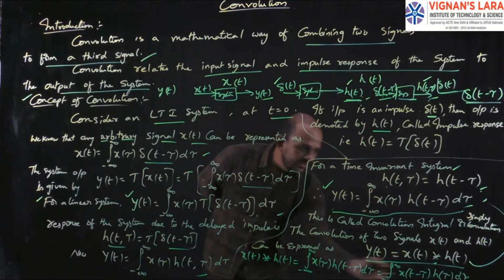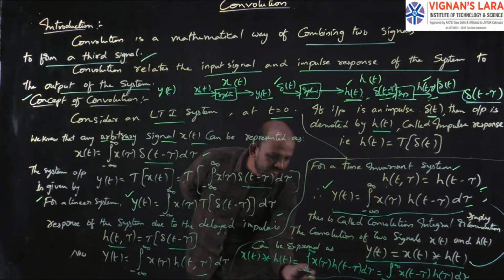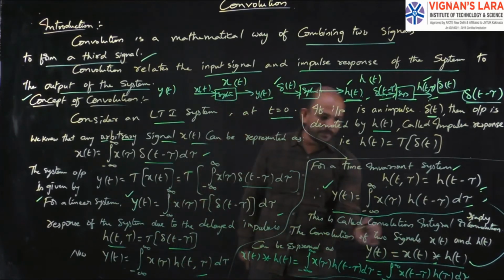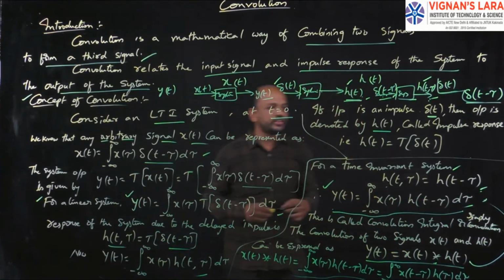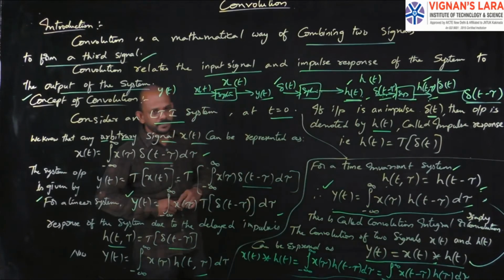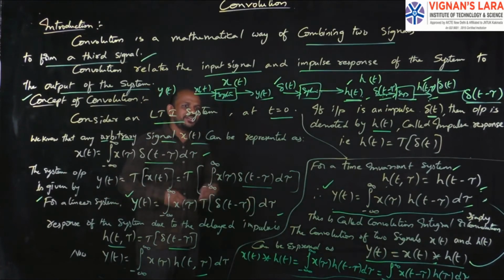Okay, we can use any one of these two. Generally we will represent it as integral minus infinity x of tau h of t minus tau d tau. So this is a simple introduction and concept of convolution.